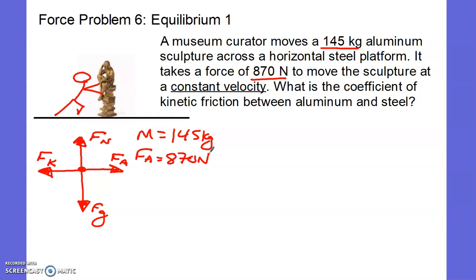We want to find what is the coefficient. So we are looking for the coefficient, which is mu, and it's kinetic friction, so it is subscript k. Now there's one thing that we always know that we're going to use later on, and that is the gravitational field strength, which is 9.81 newtons for every kilogram.